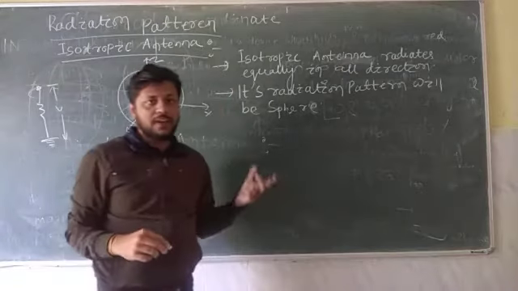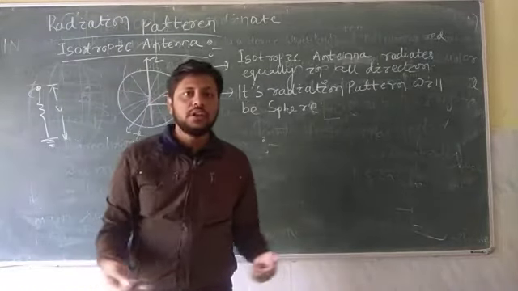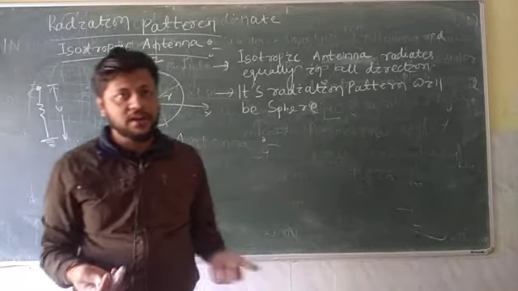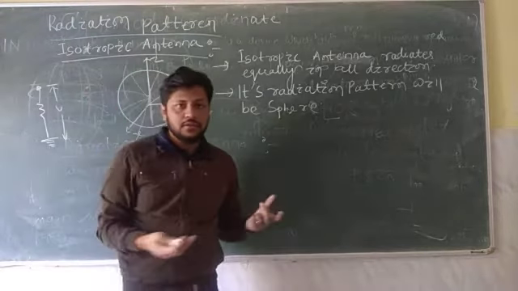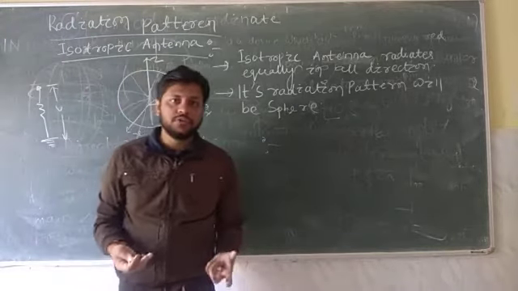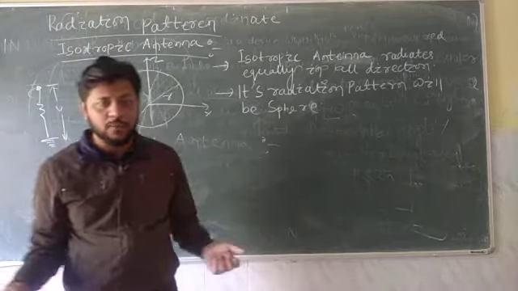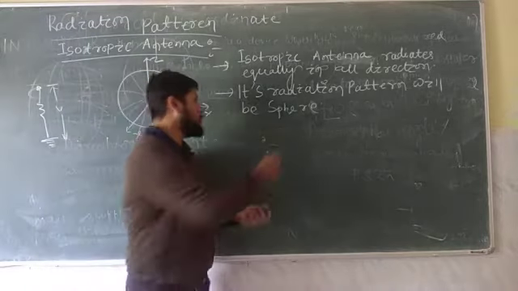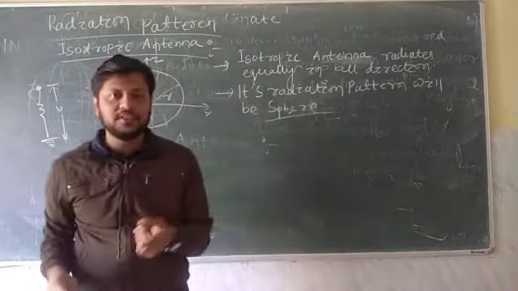So remember, isotropic antenna, we always use as a reference antenna. It's not a practical antenna, and in your objective type questions, they will ask you what is the radiation pattern of an isotropic antenna. The radiation pattern of an isotropic antenna is a sphere, that is spherical in shape.